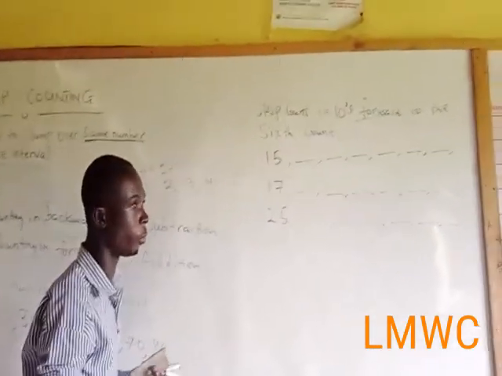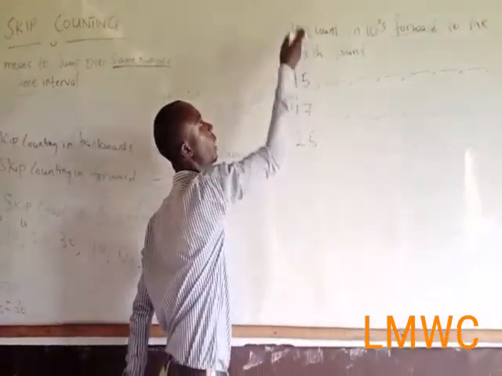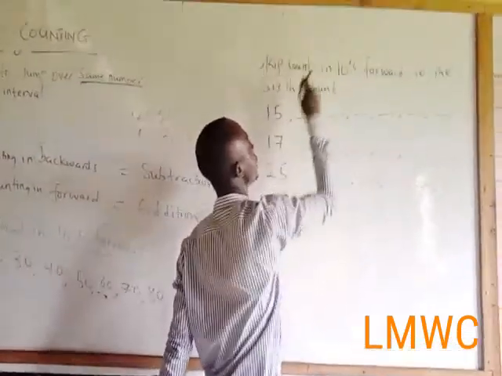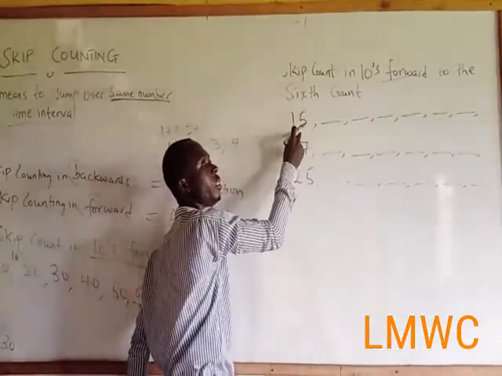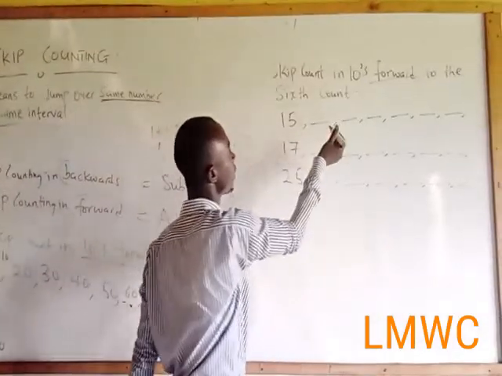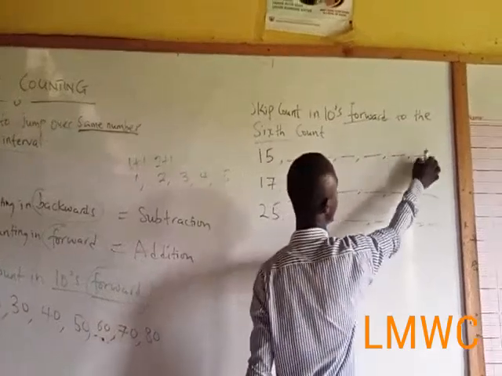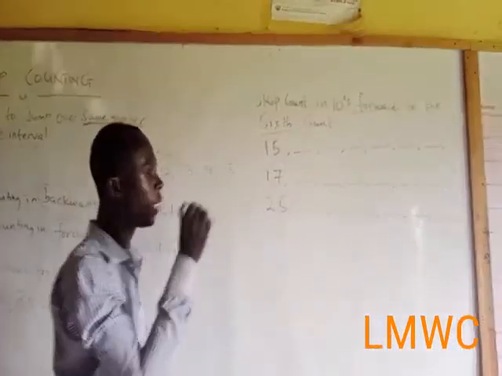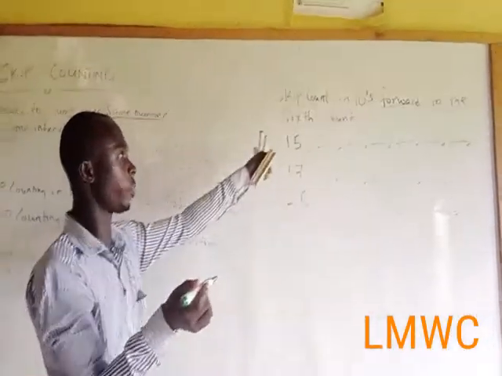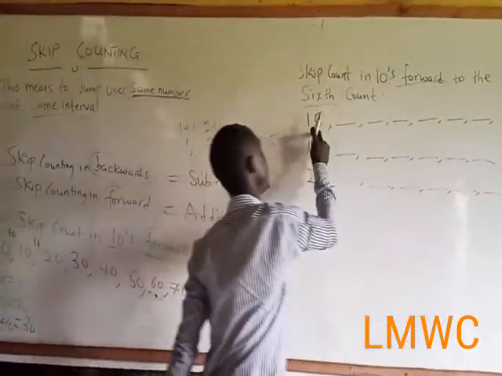And always for skip counting, you can start from any number. You see now I'm starting from 15. They are saying skip count in tens. This means 10 should be added to this 15 for us to get the next number. The 6th count means you will get 6 dashes. The 7th count means you will get 7 numbers apart from this one.